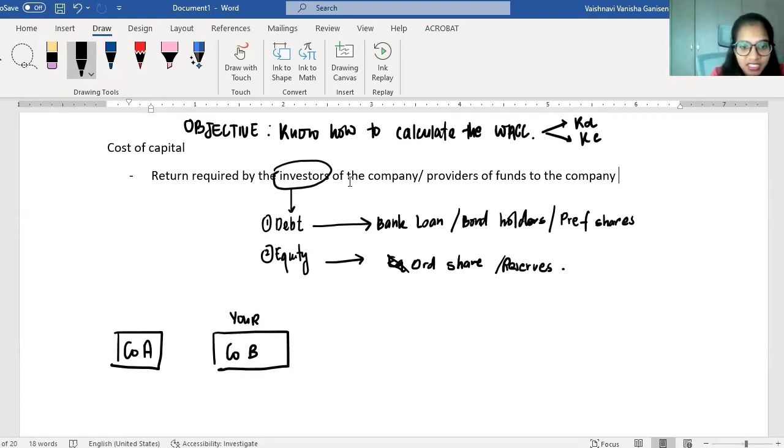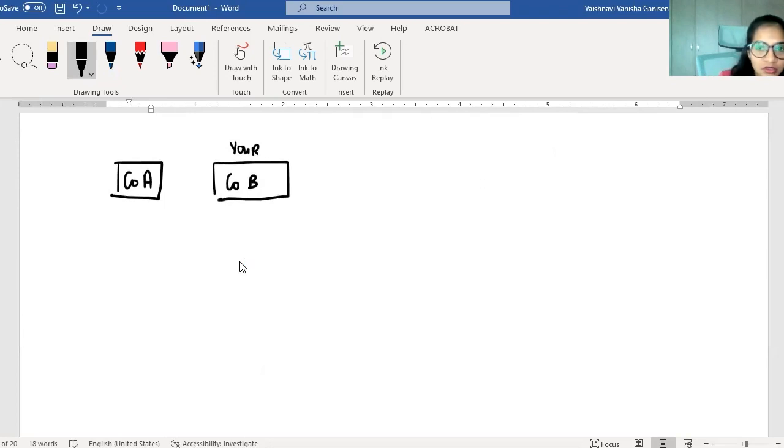So as an investor, as a person who normally performs investments, you will choose to invest. The investor will choose to invest in your company over company A, which he could have chosen.